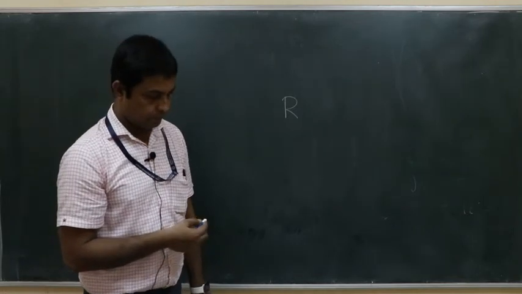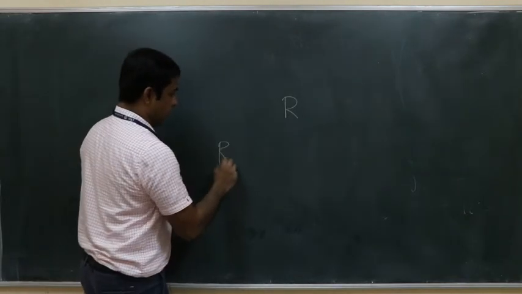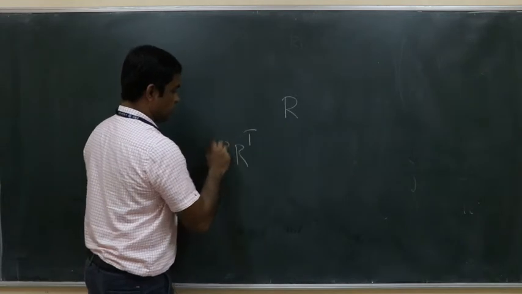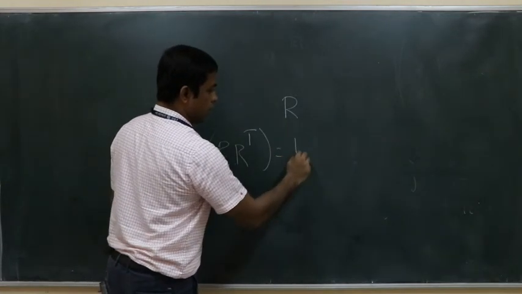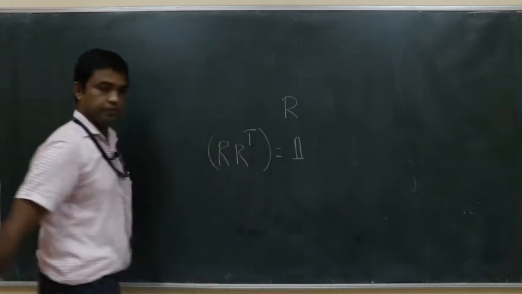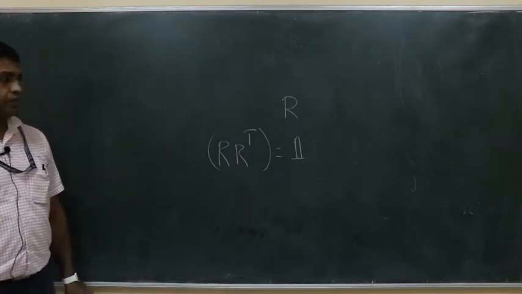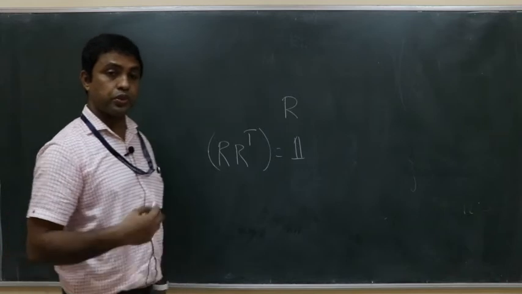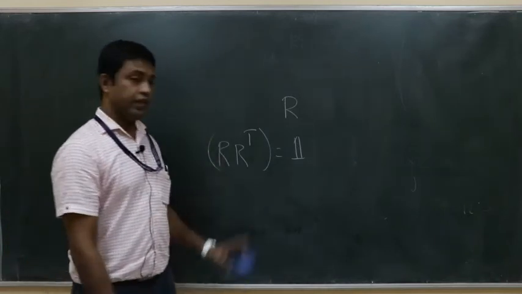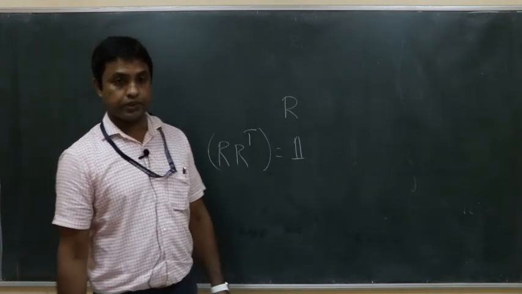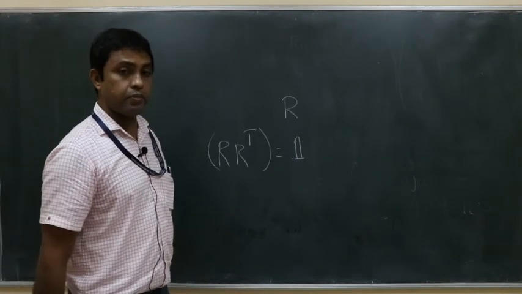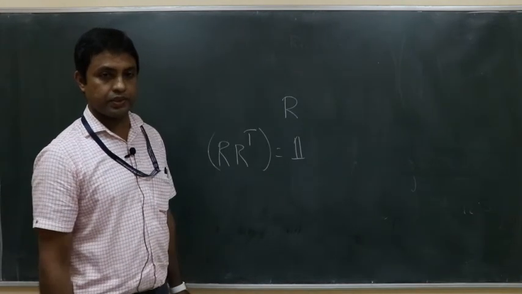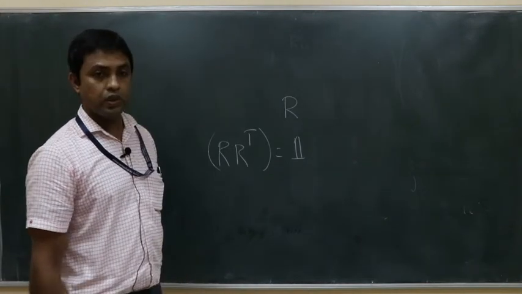Multiplication with the transpose is equal to 1. R transpose R is equal to the identity matrix if R is a finite dimensional matrix. So that is what an orthogonal matrix means.